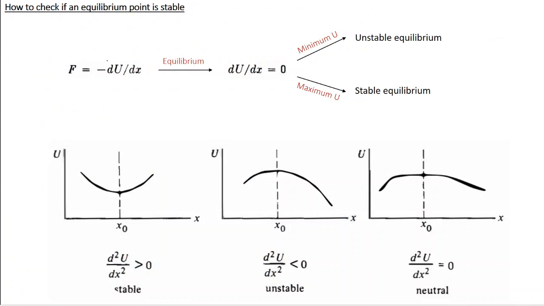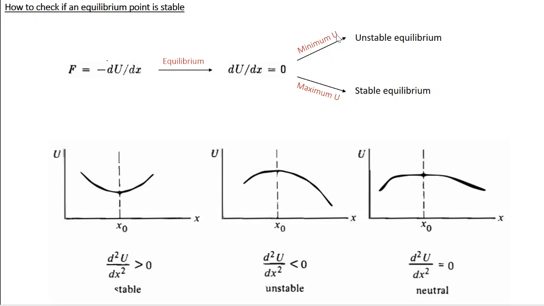Now mathematically, how do you identify the stable equilibrium points and unstable equilibrium points? We know that force is nothing but the negative derivative of potential energy, minus du by dx, and we know that when du by dx equals 0, it's an equilibrium position.